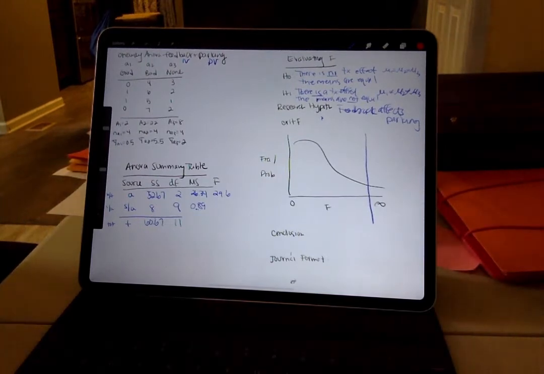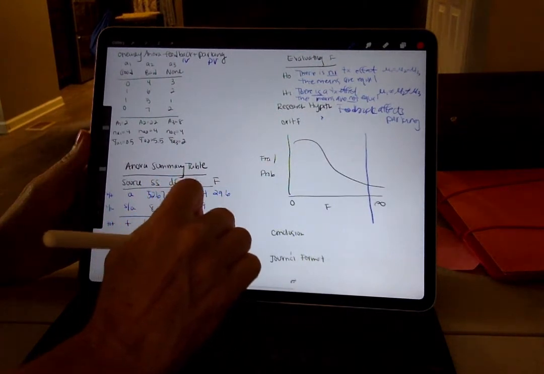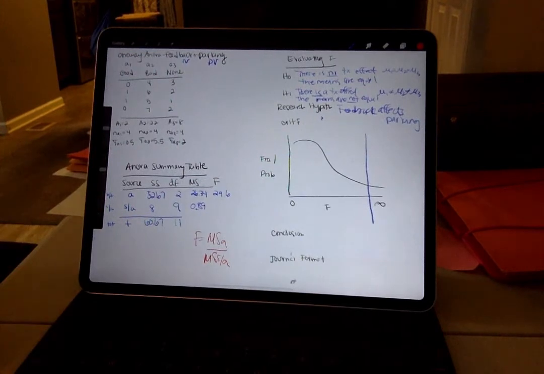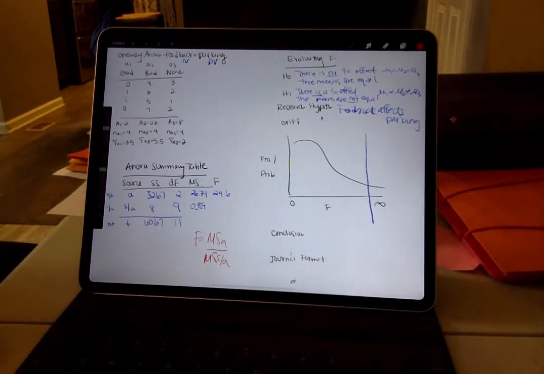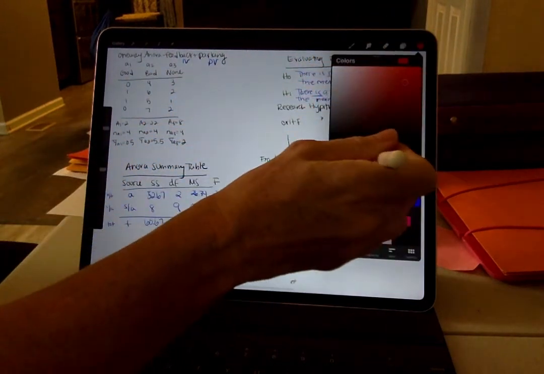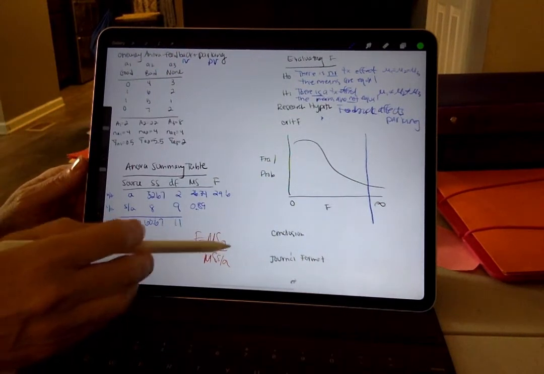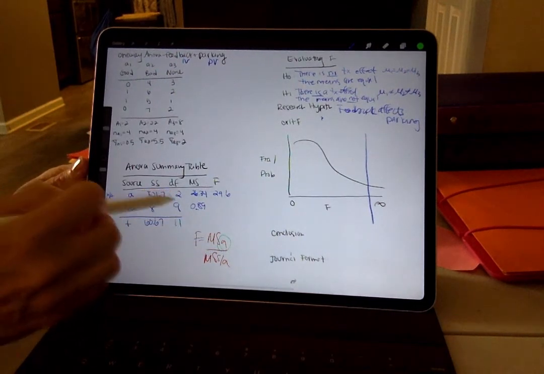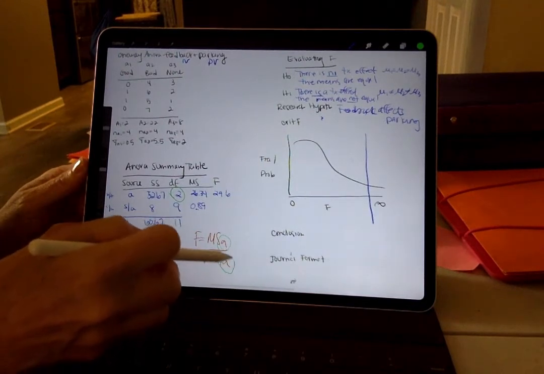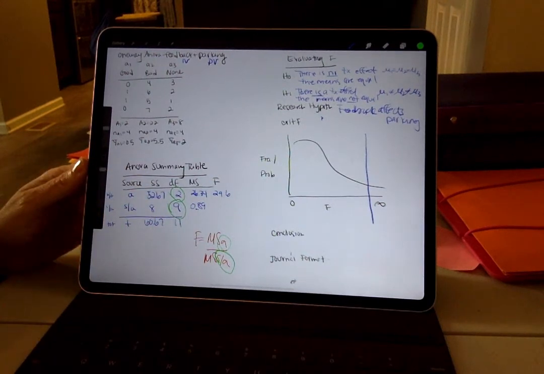And remember, how we do that is we're going to go back to our F ratio, which in this case was mean square A over mean square S over A. And we are going to look at what was on the numerator and the denominator of that F ratio. So the numerator was A, so the first degree of freedom is degrees of freedom A. The denominator is S over A, so the second degree of freedom is degrees of freedom S over A.